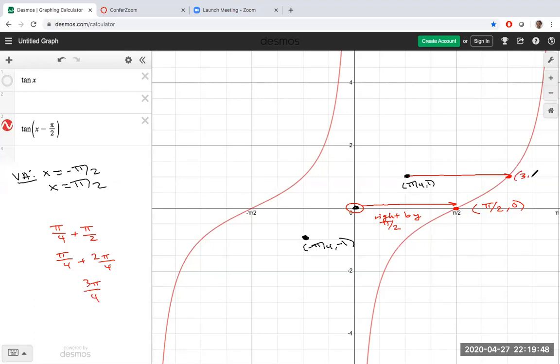Now we have 3 pi over 4, 1. And here, this should be pi over 4, negative 1. All right, hopefully that helps you understand a little better what's happening with the shifting for your graphs in chapter 4. Let me know if you have any questions.